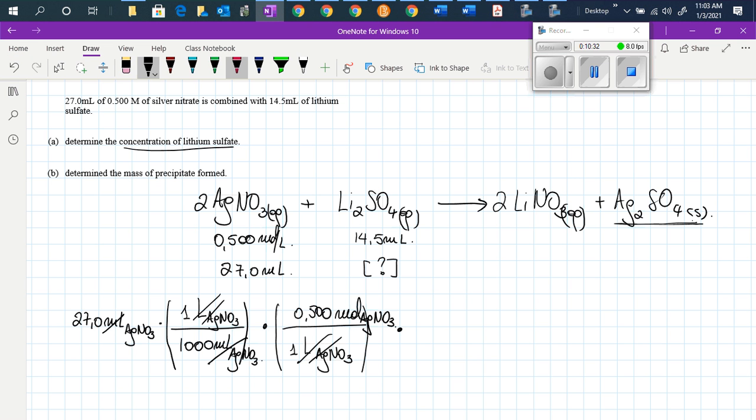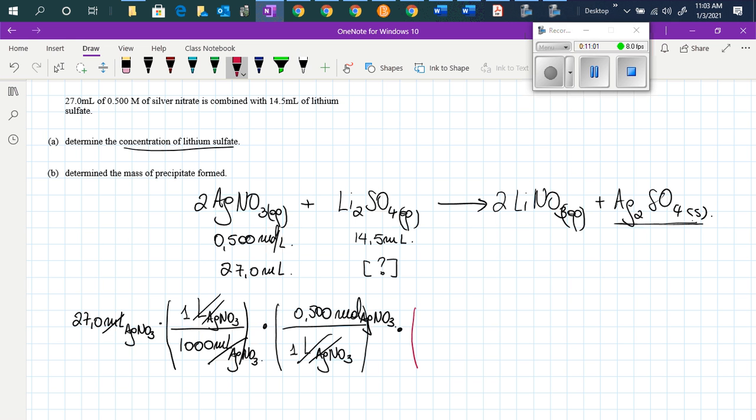Now we will move to the moles of the unknown. And that means that we will figure out what is the molar ratio between silver nitrate and lithium sulfate. And the molar ratio is 2 to 1. So 2 moles of silver nitrate need to react with 1 mole of lithium sulfate.